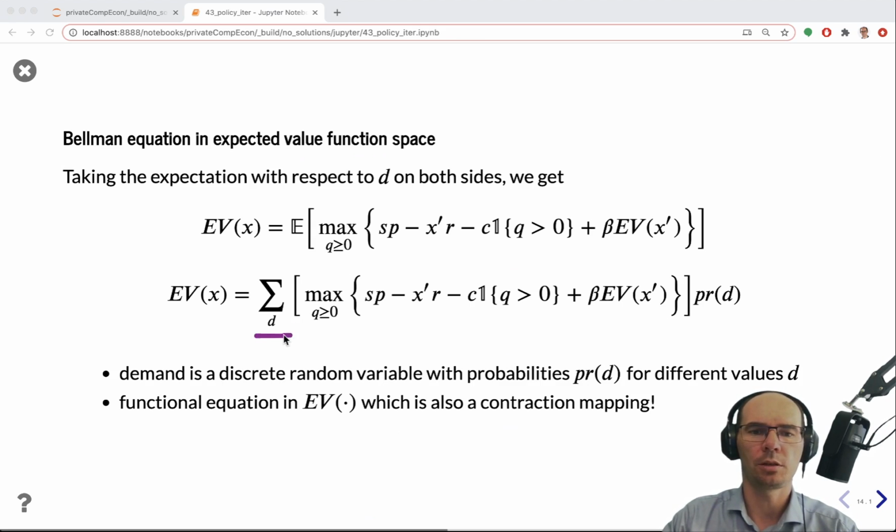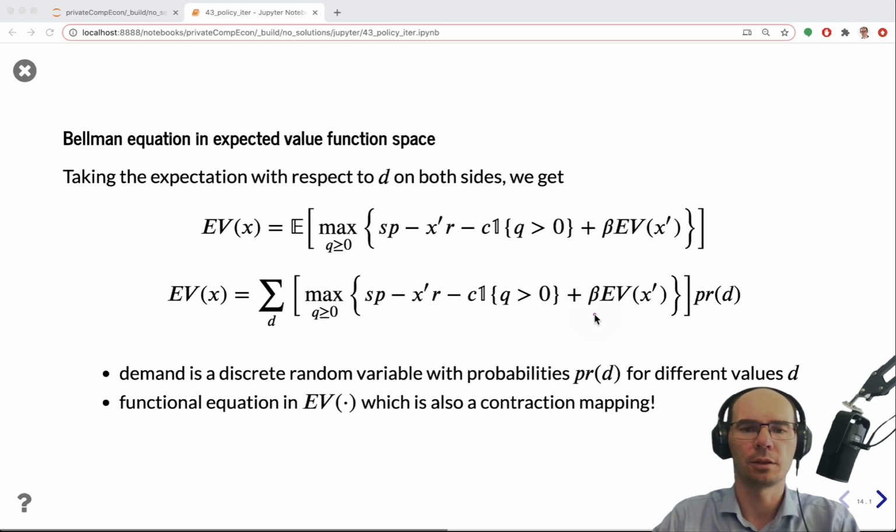And so the expectation is just the sum of this integrand multiplied with the corresponding probability of each value of demand. Okay, and now we have the functional equation in the space of the expected value function. See, the expected value function enters on both the right-hand side and the left-hand side. And we can work with this.